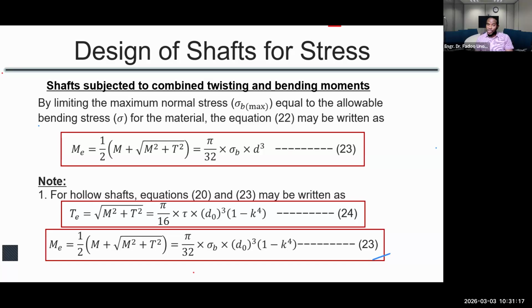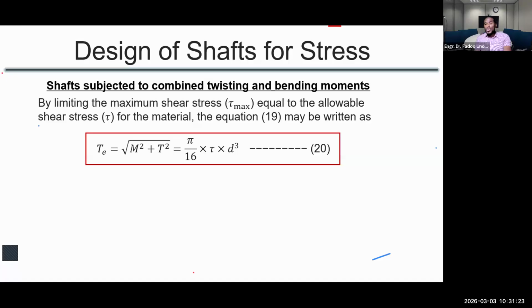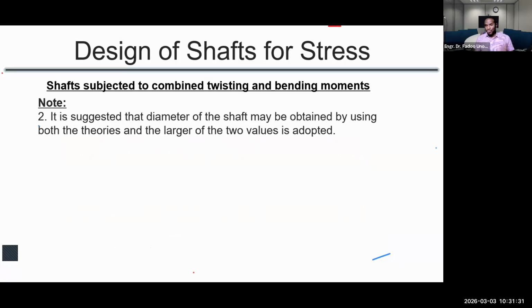If you're using a hollow shaft, that; if you're using a solid shaft, this and this. You use both of them to calculate the diameter, and then you select the biggest diameter from the two. Whichever diameter is larger, you select that one.